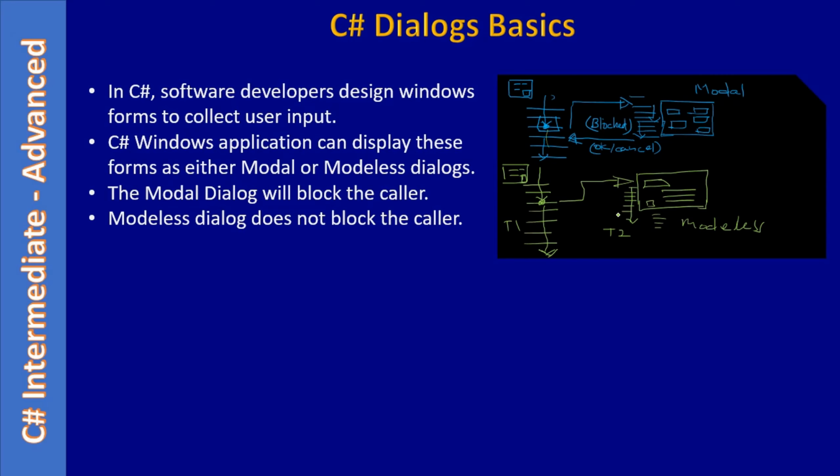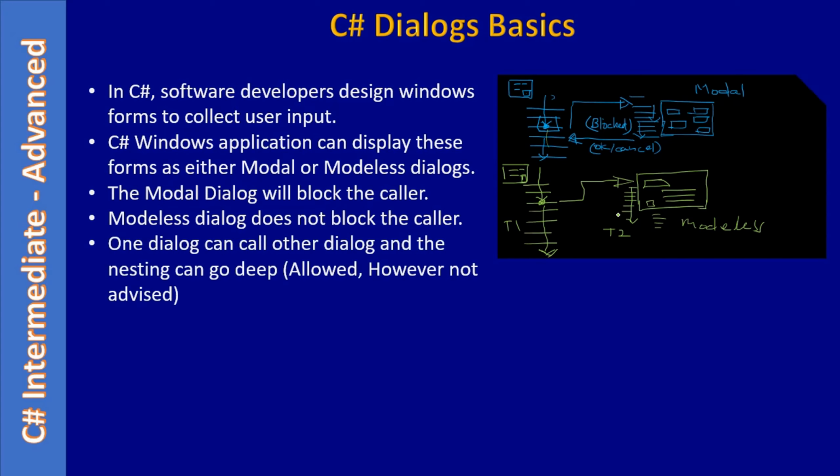Alright, now we will go back. One dialog can call another dialog, and the nesting can go deep. So here itself, if you say this is a dialog and it calls one more dialog, from here you can call one more dialog, and from here you can call one more dialog, also with a different combination, modal and modeless. However you want to call, you can call.